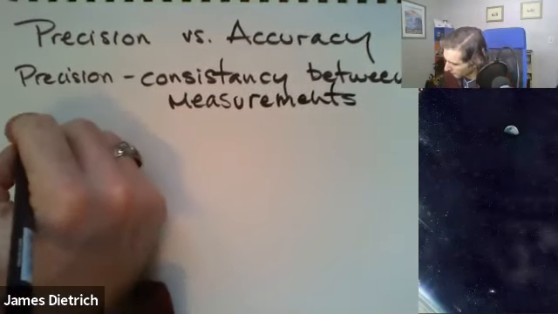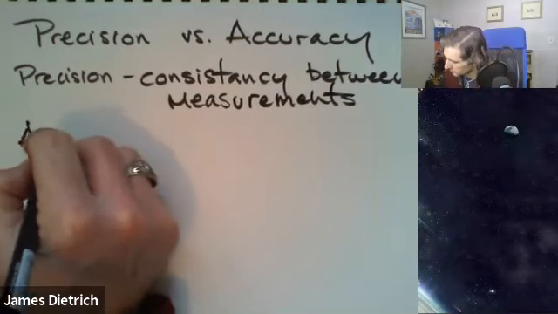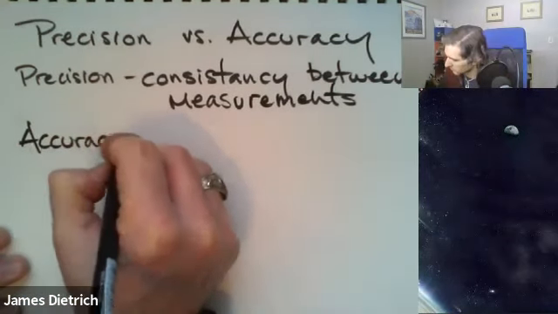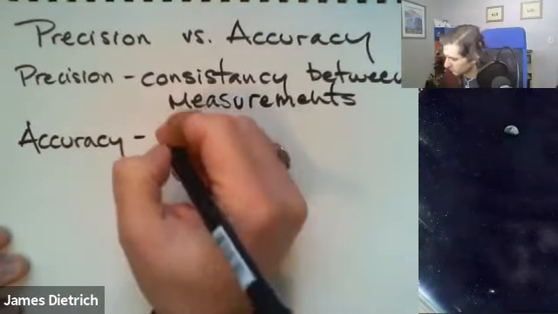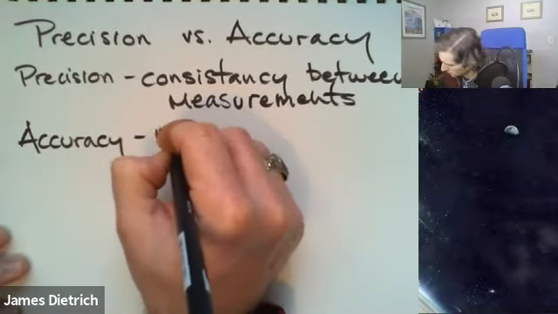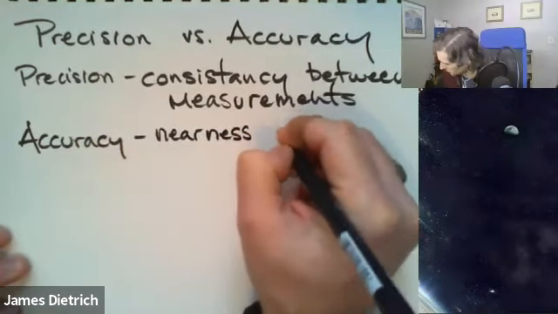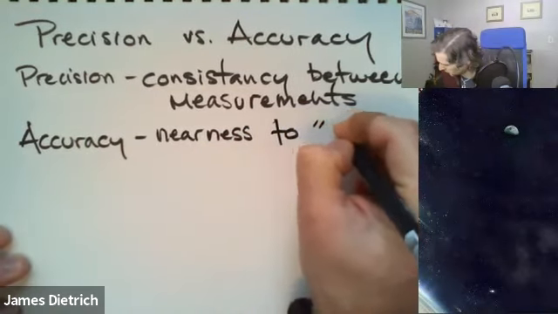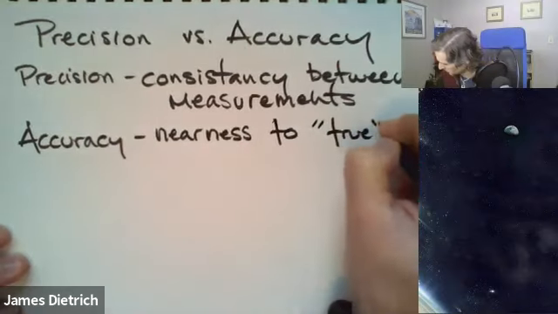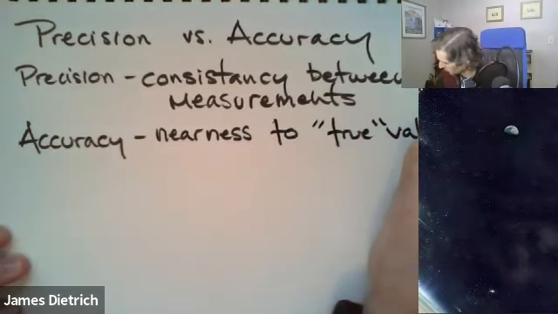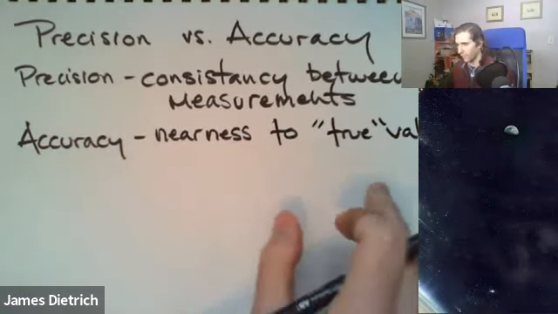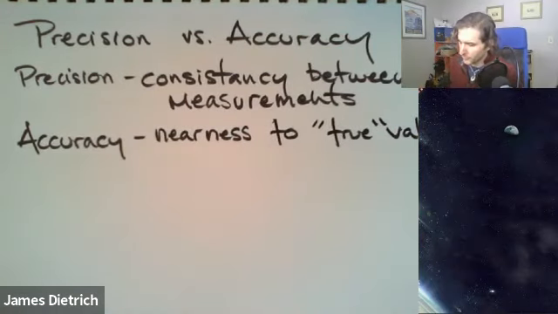And then accuracy is how near we are to the quote unquote true value, the truth value.